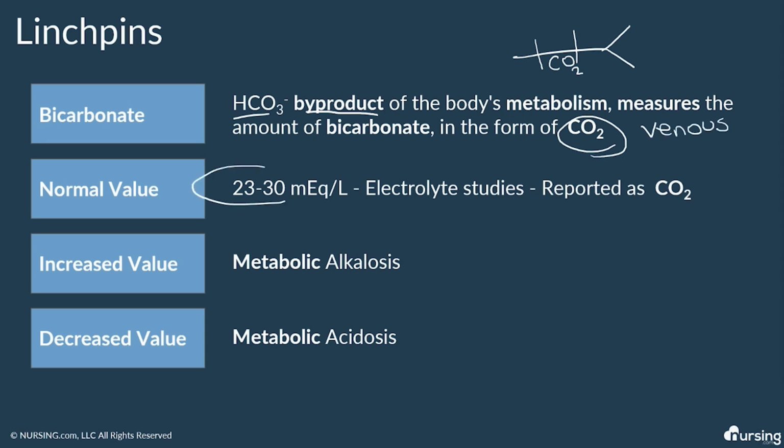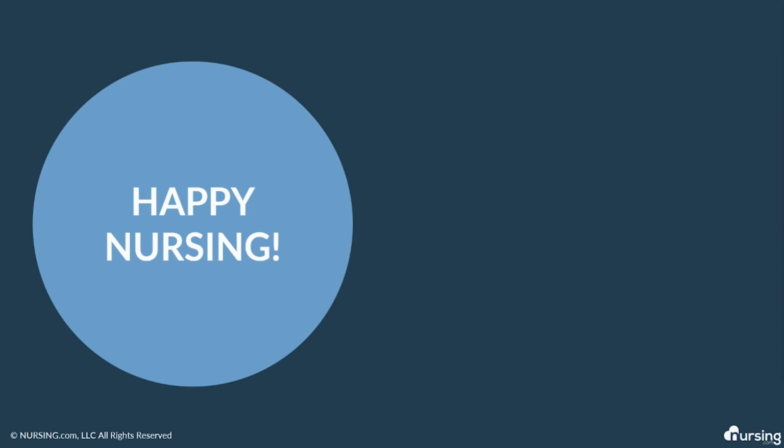Normal values are between 20 and 30 milliequivalents per liter. If it's increased, we can say there's metabolic alkalosis. Something is reducing the acid. If it's metabolic acidosis, something is reducing the base, right? Now, I know that can get a little confusing, so hopefully this clarified things.